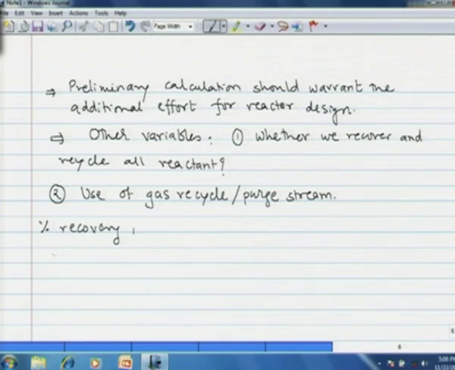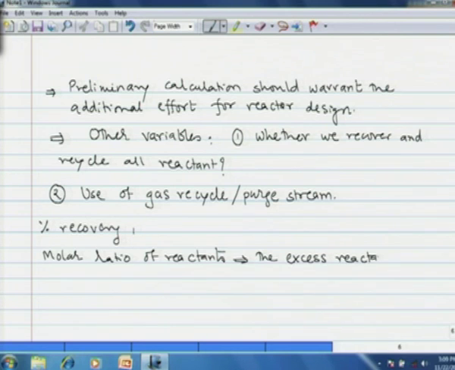So, that point we note: molar ratio of reactants. Then next is the excess reactant that is fed to the system.